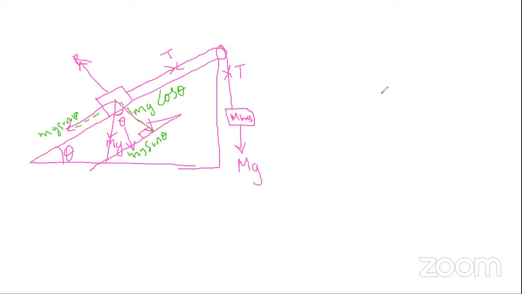When we come to resolving, if the acceleration is moving this way, we do the same thing. We get T minus mg sine theta, and we equate this to ma, which becomes equation 1.